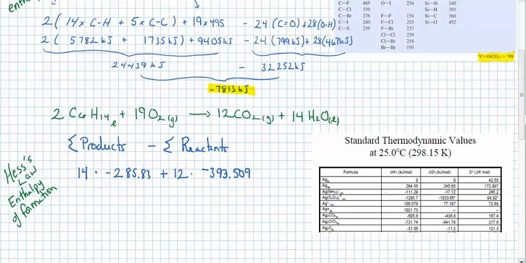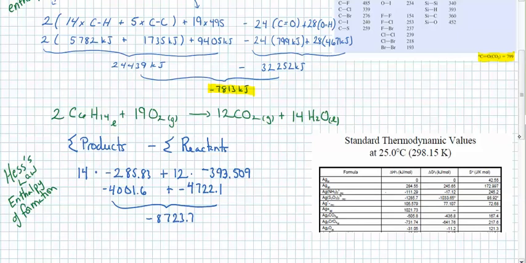This ends up being negative 4001.6 plus a negative 4722.1. All added up, that equals a negative 8723.7.